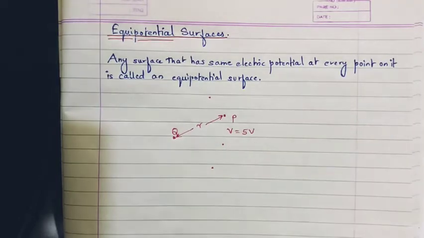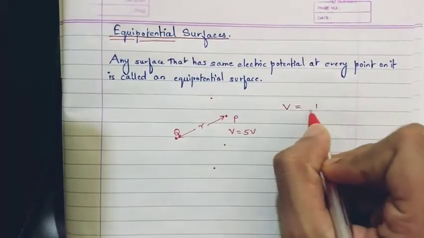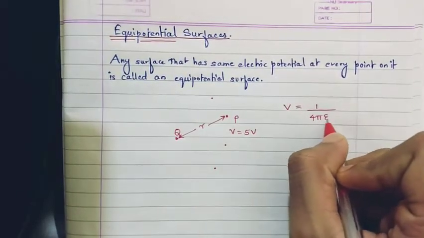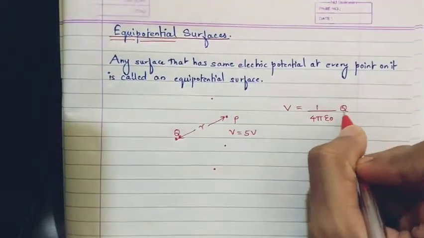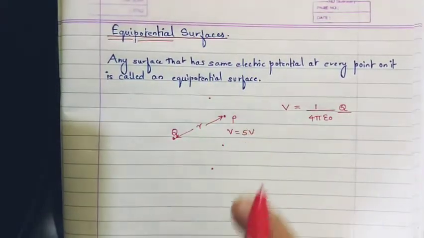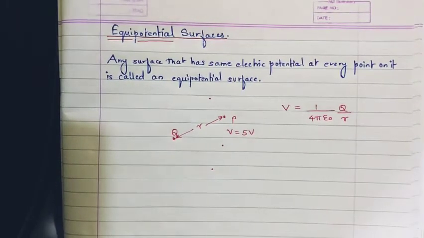Let us look at the formula for potential. V is given by 1 upon 4 pi epsilon naught, considering this system is in vacuum, times Q, the charge which is producing that potential, divided by R, the distance at which we are finding that potential.